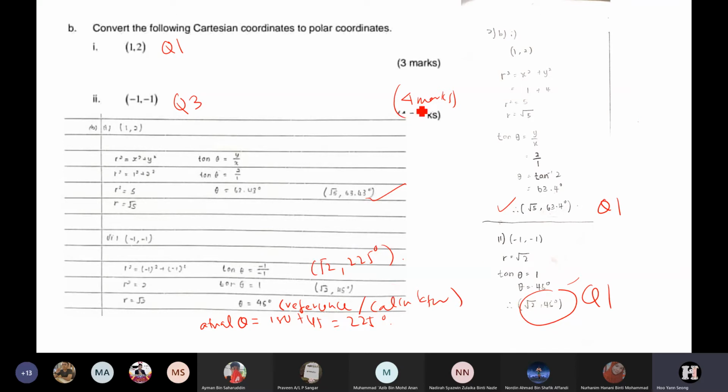That is the main reason for the markup, because the actual data is 225, so that's why you have an extra 1. This is how you change from Cartesian to polar: always be alert to where it is located.